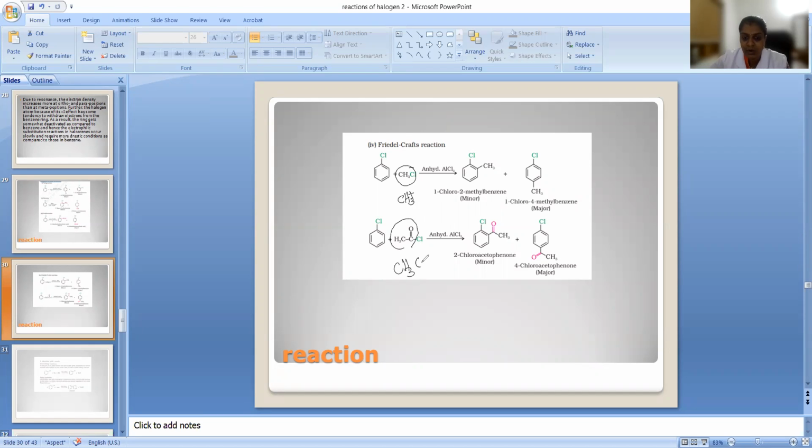CH3CO plus will be the electrophile. So this is called Friedel-Crafts acylation, and this is alkylation. Both of these reactions take place in the presence of anhydrous aluminum chloride. This is a very important reaction, the Friedel-Crafts reaction.